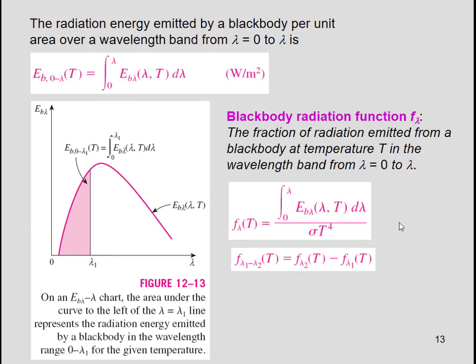Okay, up to here I've introduced how to calculate the radiation energy of a black body for the whole range of wavelengths of electromagnetic waves. But sometimes we are only interested in how much radiation energy there is for some part of the spectrum of the waves.